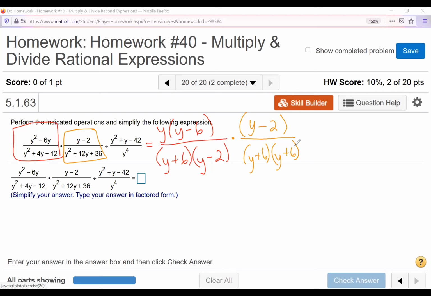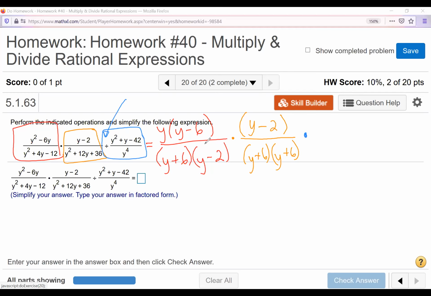I know I could write y plus 6 squared, but I'm going to leave them separate for now. It's possible I might be able to cancel something out. We'll see. I like leaving them separate at this point. All right, now for our third fraction, remember this is a division sign here. So I'm going to rewrite it as multiplication, keep, change, flip.